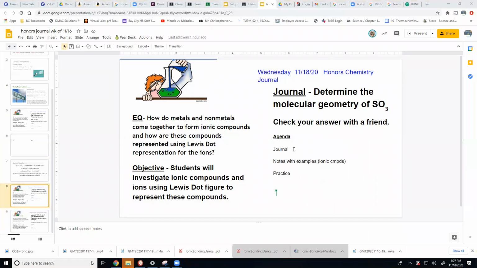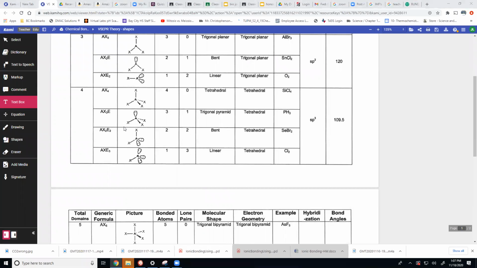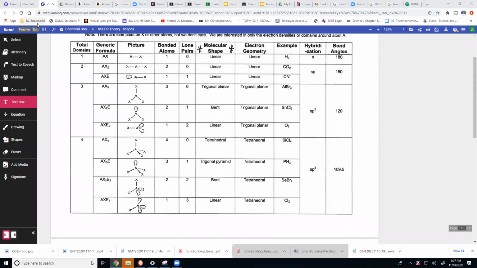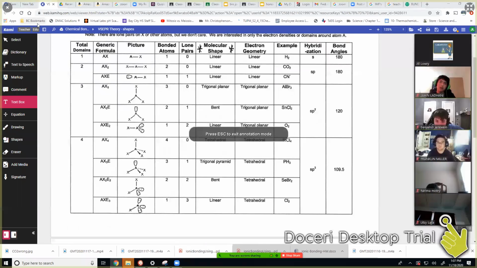Then I would go to my little chart, which I think I still have open here, and look to see what I have. We said we had 3 areas of electron density or domains, and all 3 of them were bonds. So that would give me a trigonal planar.